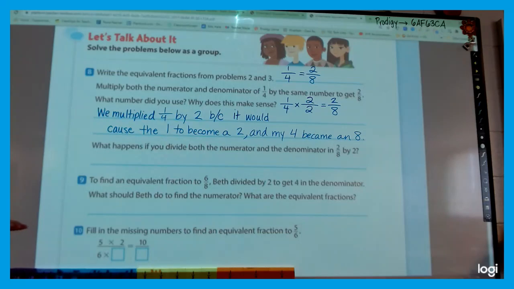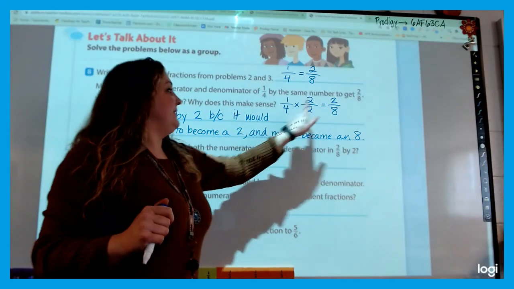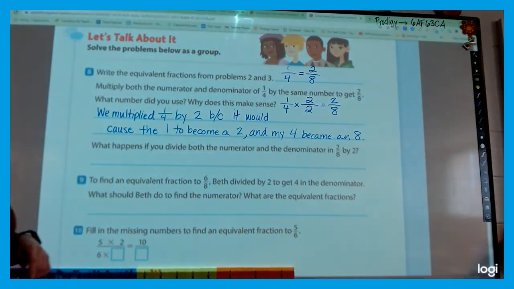So we multiplied 1/4 by 2 because it would cause the 1 to become a 2 and the 4 to become an 8, which was our goal.